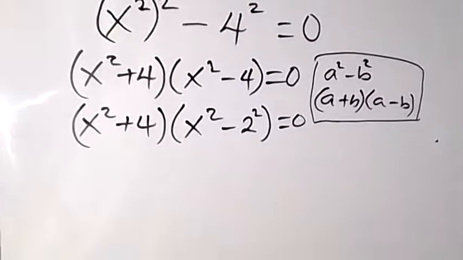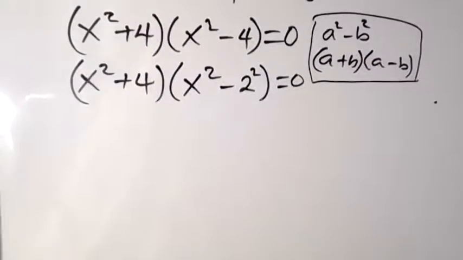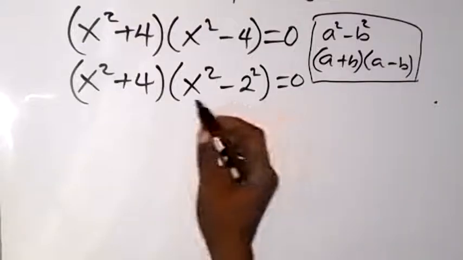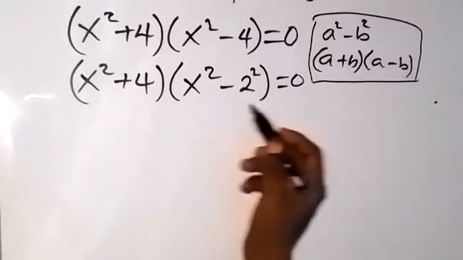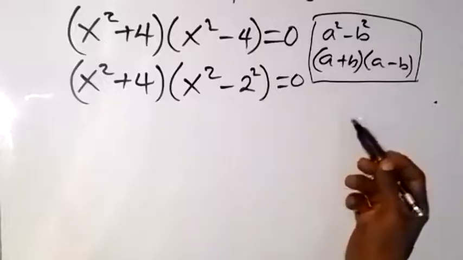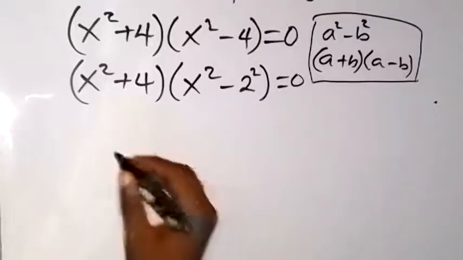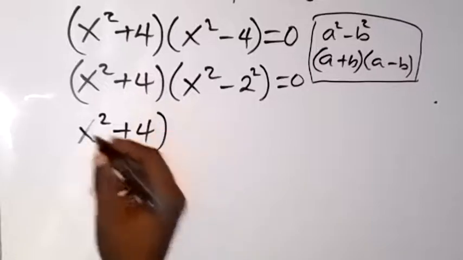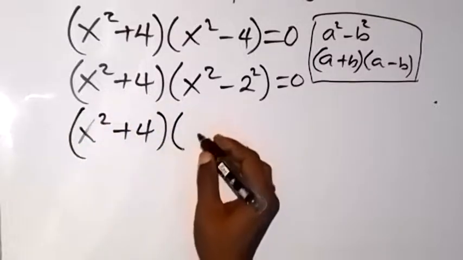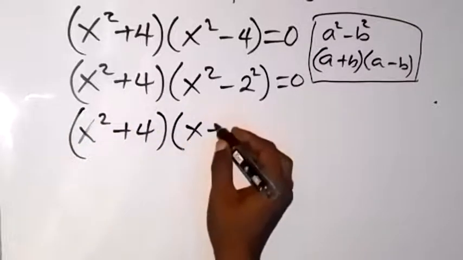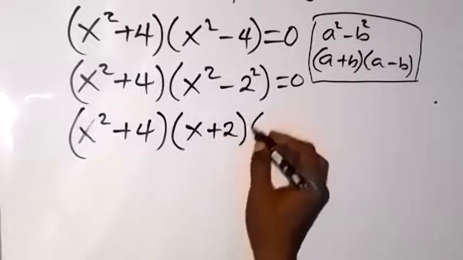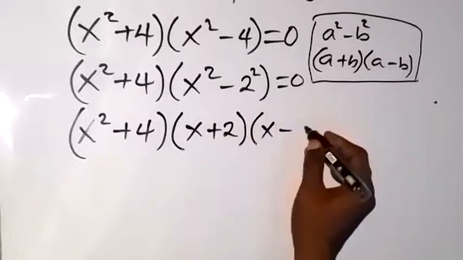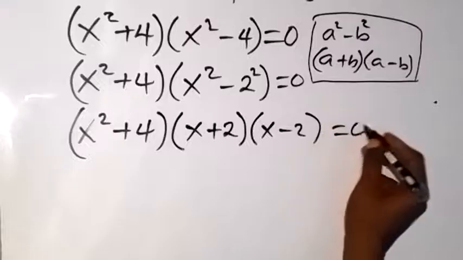Also, from difference of two squares, we can write this bracket in that form. a here is x and b is 2. So we have x squared plus 4 multiplied by x plus 2, then multiplied by x minus 2, which is equal to 0.